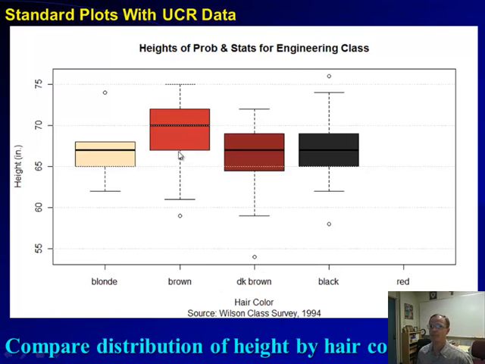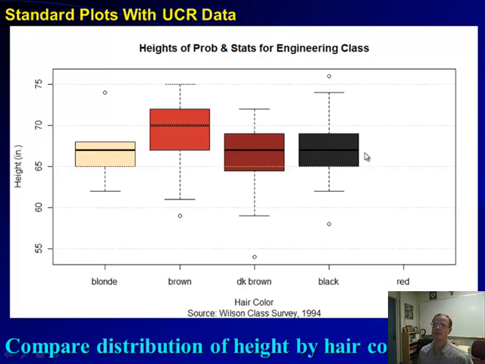Here's heights again by hair color. So I've got clearly labeled axes, and then I went ahead and colored each of these box plots. I tried to use a color that was close to the hair colors, you know, putting a little bit of an artistic flair on there, but a practical sense. And again, the message is very clear.